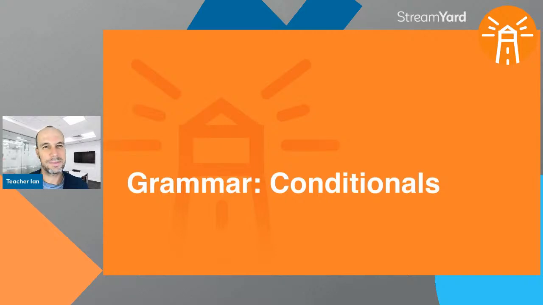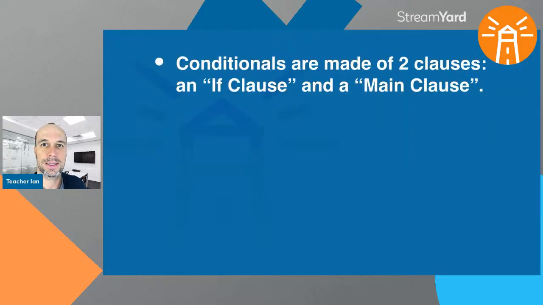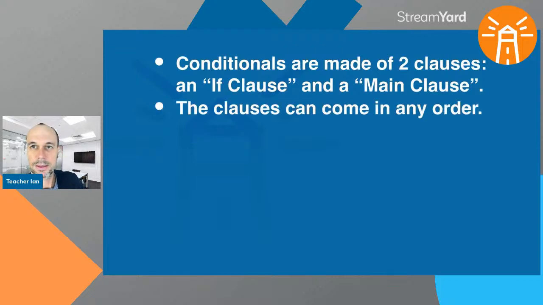Great. So this is going to be a bit of me talking, introducing the different types of conditionals, but I'm still expecting you guys to pay attention and take part in this lesson. All right. All conditionals have two parts or two clauses. There's an if clause or if part, and there's a main clause or a main part. And they can come in any order.